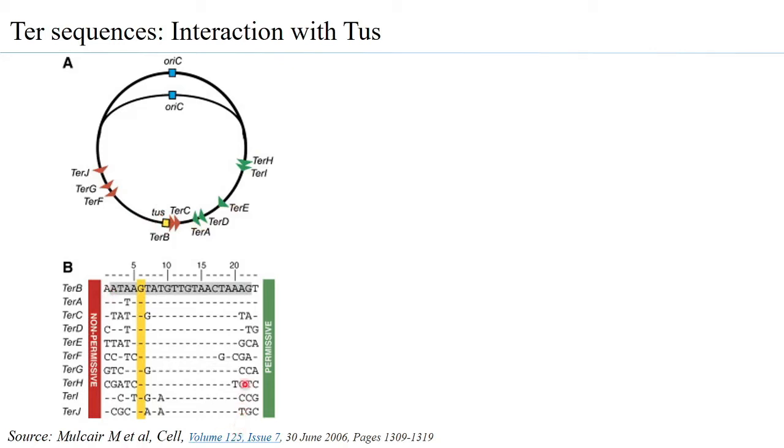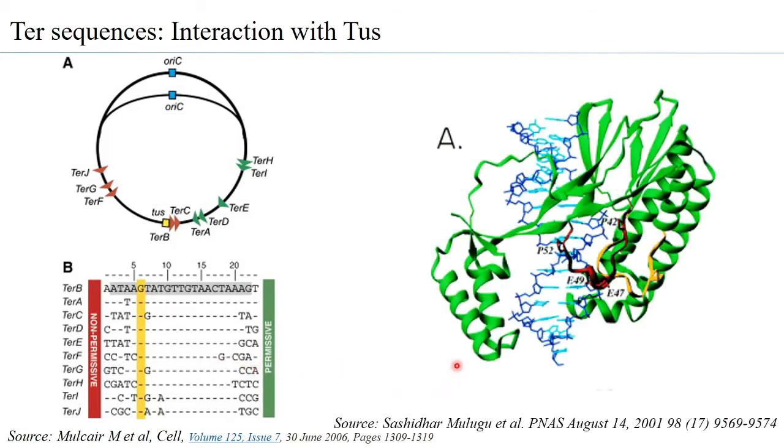However, the affinity with which the TUS binds to these TER regions can vary depending on the variations in the sequences of the TER regions. A study of the TER-TUS complex formed has shown that TUS can bind to the TER region, and the TUS has a domain, a motif, which is an anti-parallel beta sheet region.